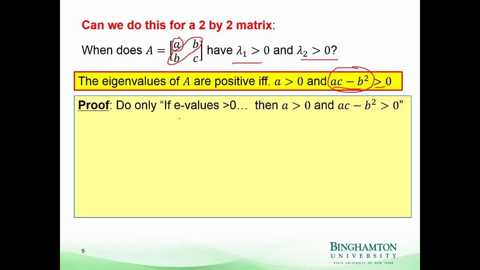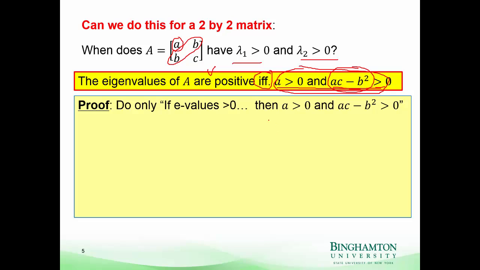We're going to prove this only in one direction, because this is if and only if, so it goes in both directions. If the eigenvalues are positive, then these things are true, and that's what we'll prove. The other direction, if these things are true, then the eigenvalues are positive, we're not going to do, but the proof follows pretty similarly to what we are doing.